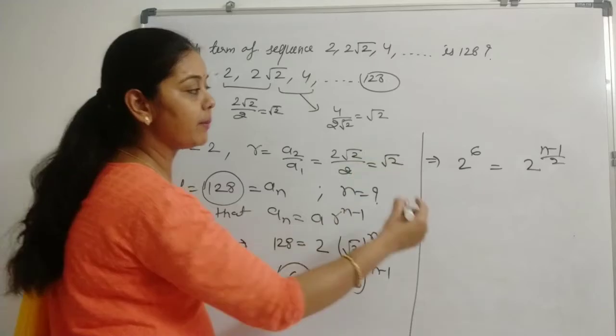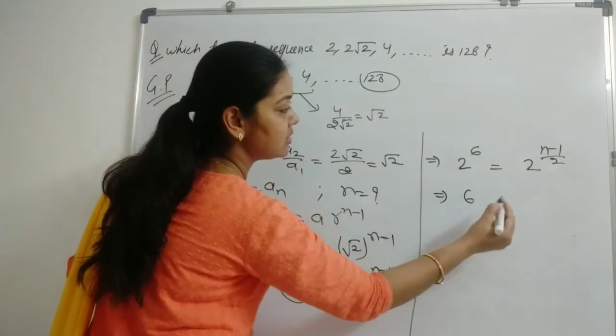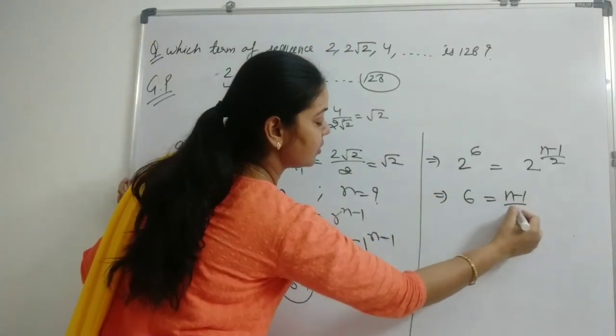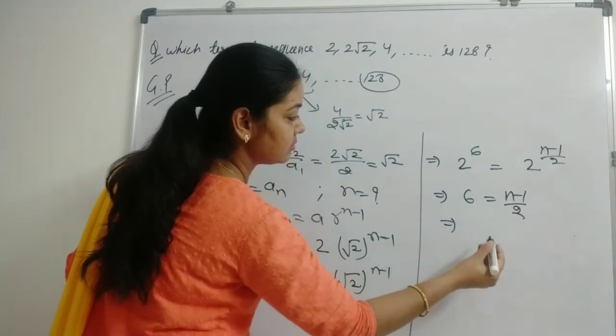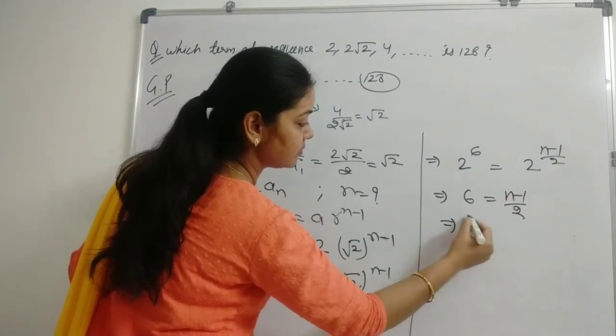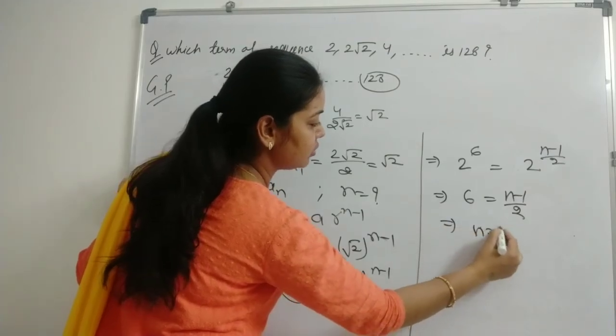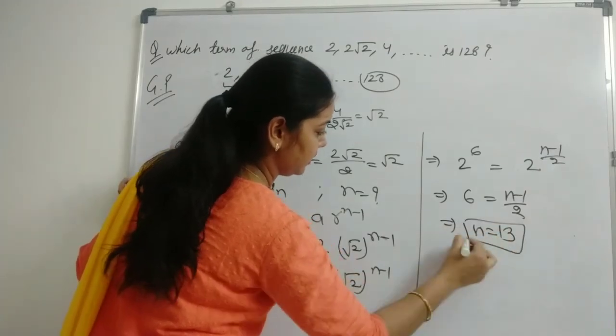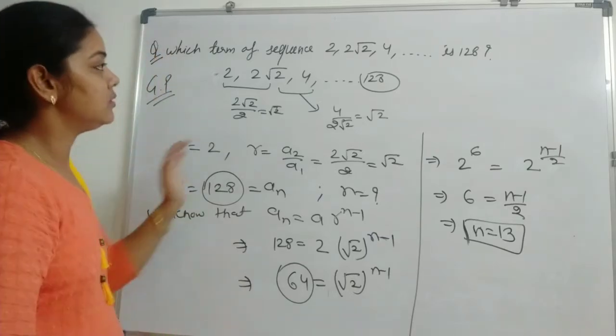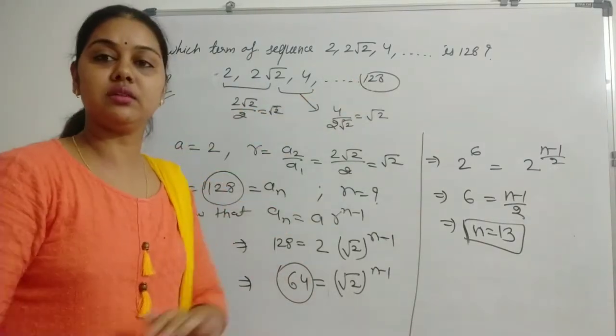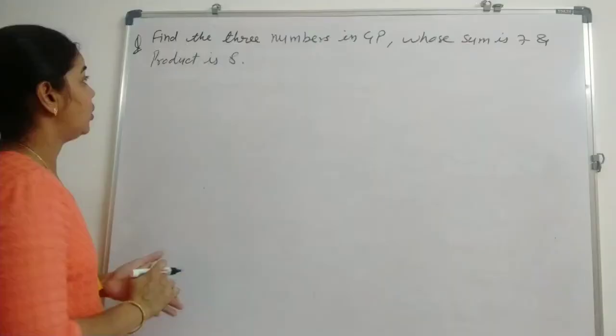Okay? Now comparing both sides, I will get 6 equal to n minus 1 upon 2. It means that n will be equal to 13. It means 128 is the 13th term of the GP.